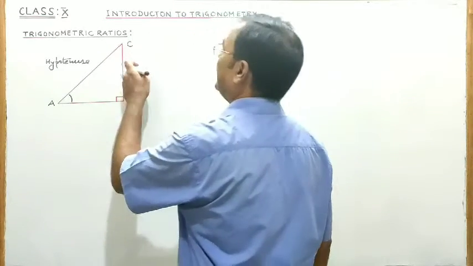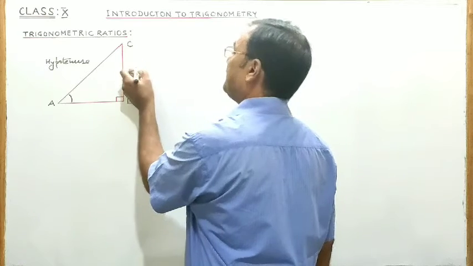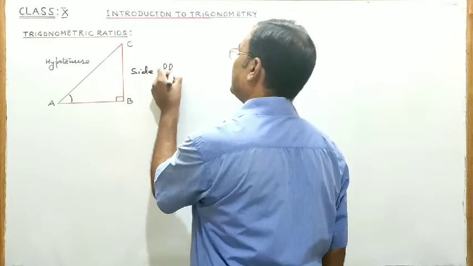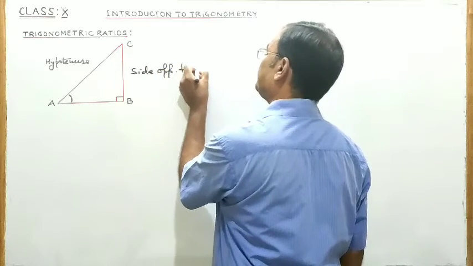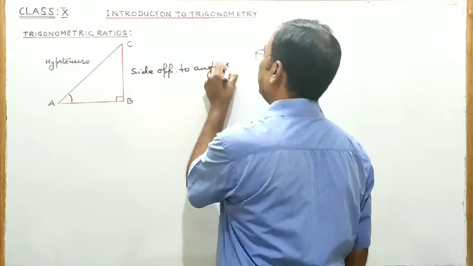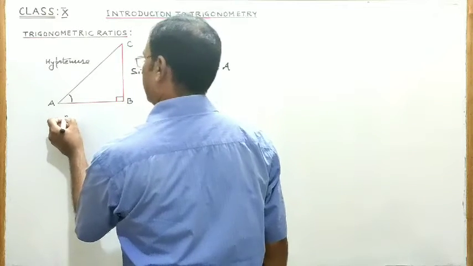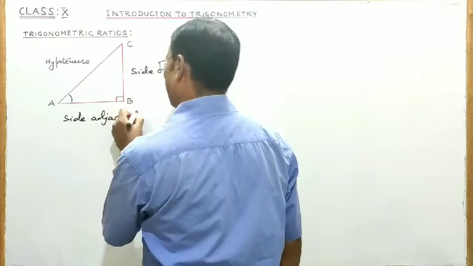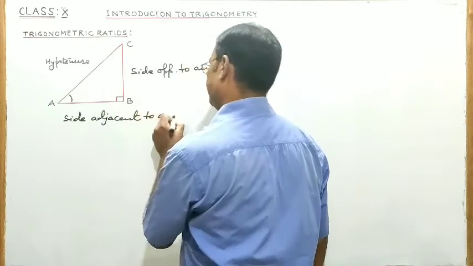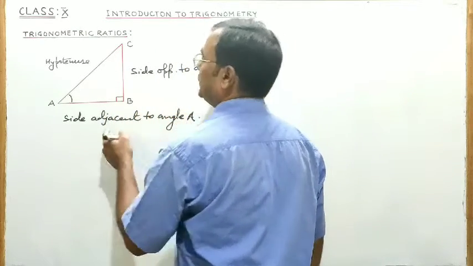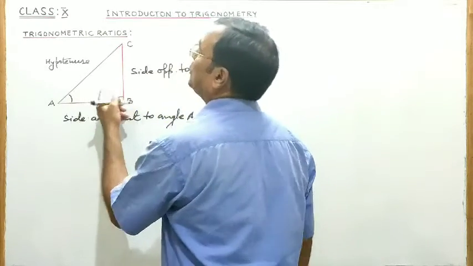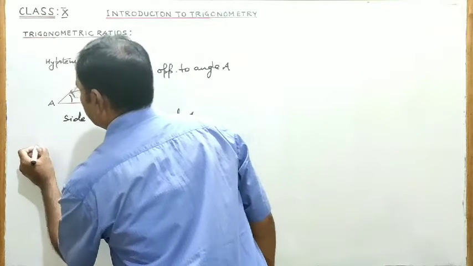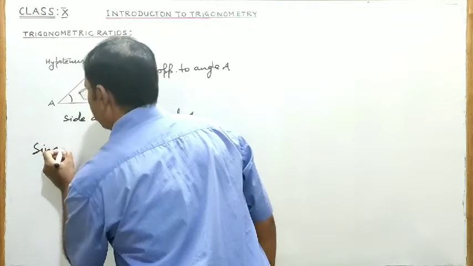Before that, let us write: BC is side opposite to angle A, and AB is side adjacent to angle A.